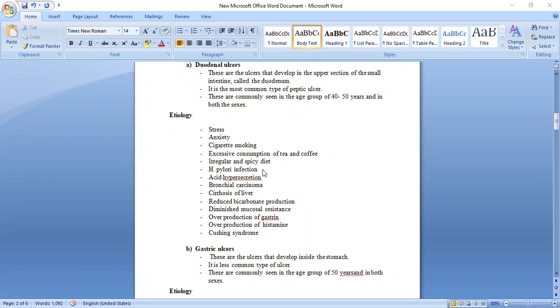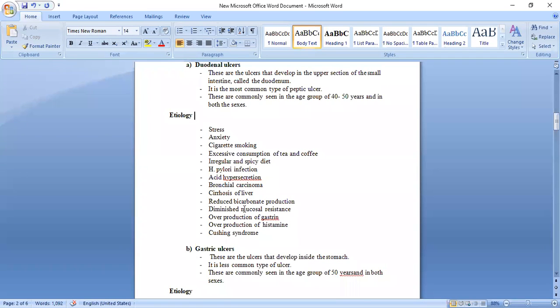Beyond the limit, it causes infection, and due to that, ulceration. Also acid hypersecretion, bronchial asthma, bronchial carcinoma, cirrhosis of the liver due to reduced bicarbonate production. Actually, you know, if acidity is there, we will take the alkali, isn't it?